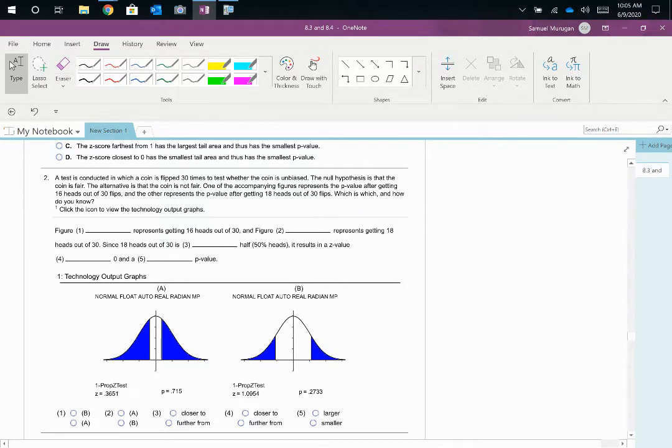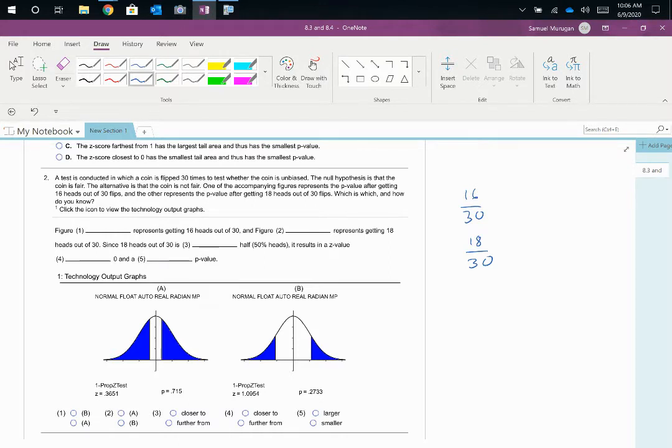One of the accompanying figures represents the p-value after getting 16 out of 30 flips, and the other represents the p-value after getting 18 out of 30 flips. So which is which? Which one of the graphs here represents the one that is 16 out of 30 and which represents 18 out of 30?